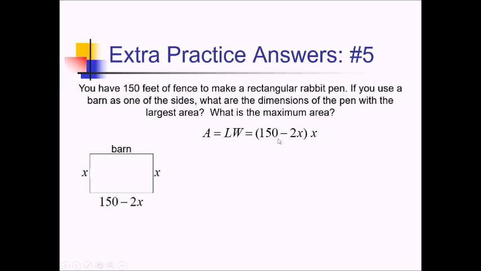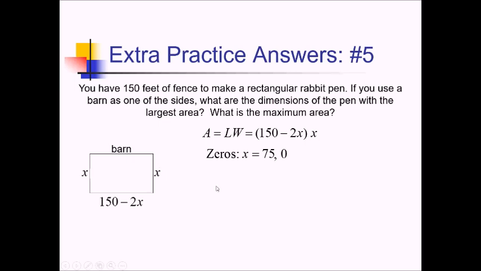So we've got a 0 for this first factor here. If you subtract 150 and divide by negative 2, that's going to be 75 for that 0. And then this x over here gives us a 0 of 0. So now if I average those together, that'll give me the x value of the vertex. It'll also give me the ideal width for this barn.